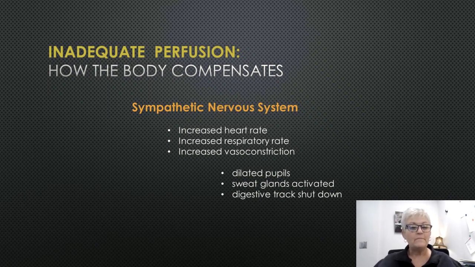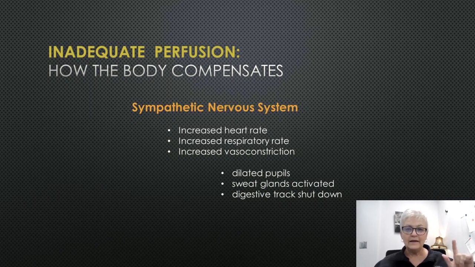Okay, so when we do not have adequate oxygen to the cells, then the body jumps in. It's got a system to try and compensate for that, and that's called the sympathetic nervous system, or that fight or flight response.